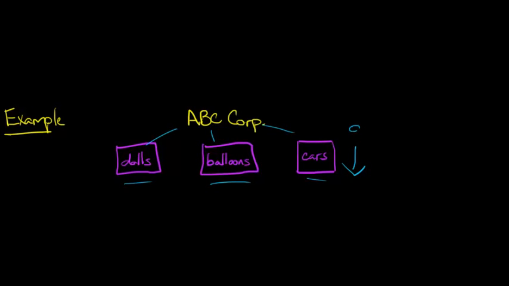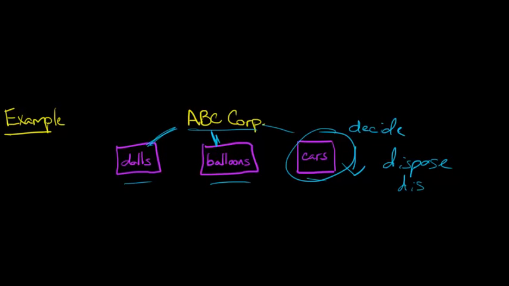So they decide to sell off this division. But just this division. They're not closing all the operations at ABC. They're going to keep doing the dolls and the balloons, but they don't want to sell cars anymore. We're going to dispose of this component of our business. So that would be a discontinued operation.